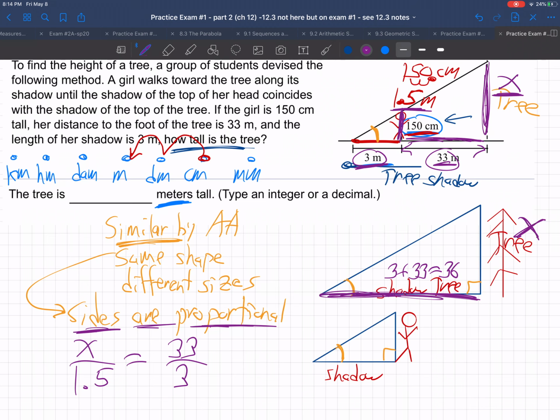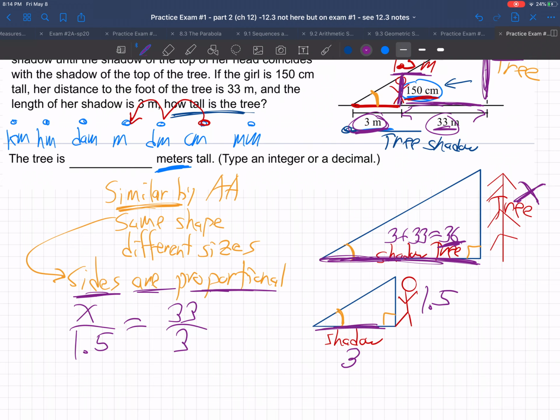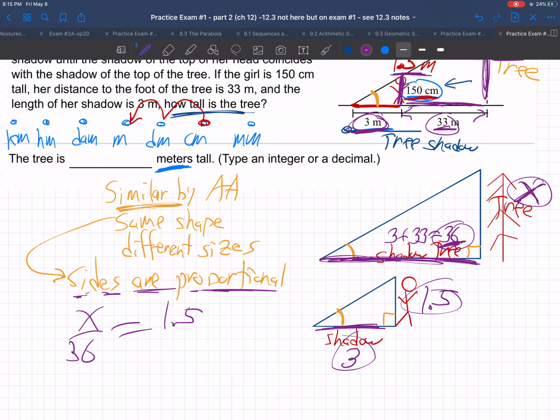So x, the tree, is to 36 as the girl, 1.5, is to the shadow, and that's the 3. So instead of that 33, that's a better way to go. Just use the two triangles right here. X is to 36 as 1.5 is to 3.